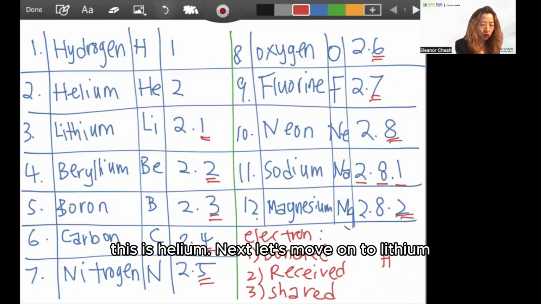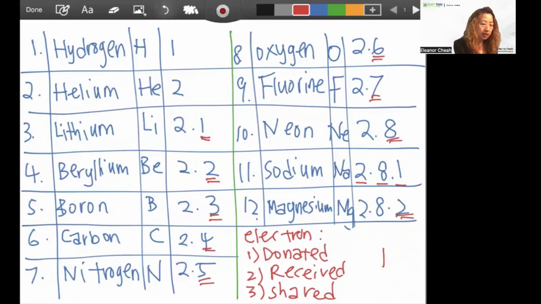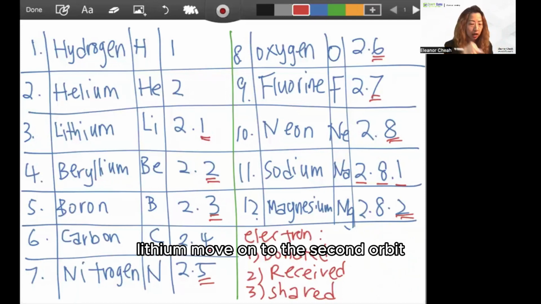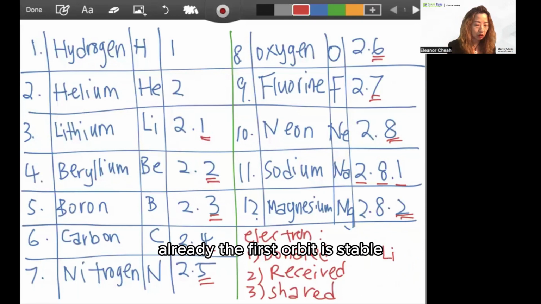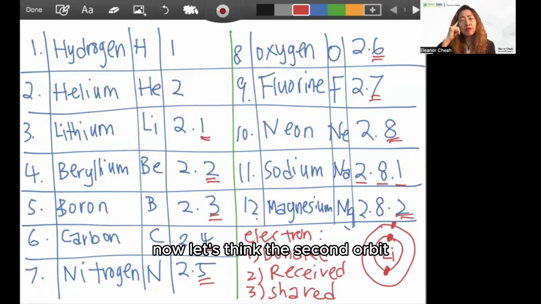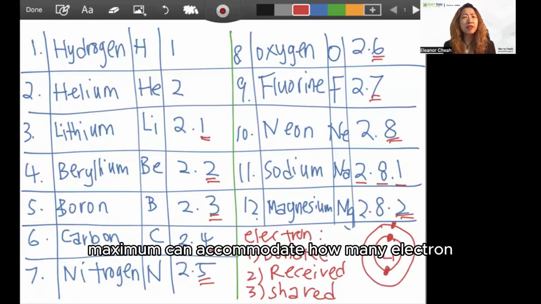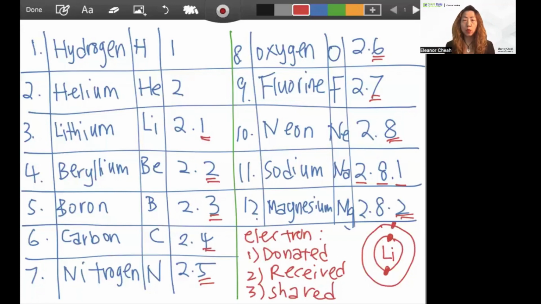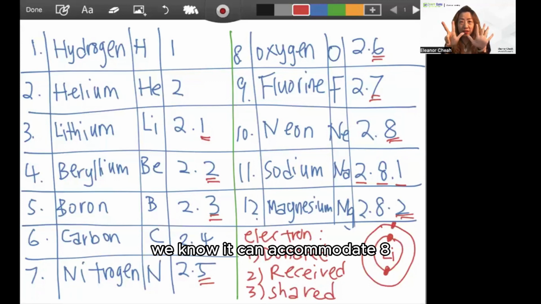Next, let's move on to lithium. Lithium moves on to the second orbit already. The first orbit is stable. It has 2 electrons. The second orbit has 1 electron. Now let's think, the second orbit can accommodate a maximum of how many electrons? We know it can accommodate 8.